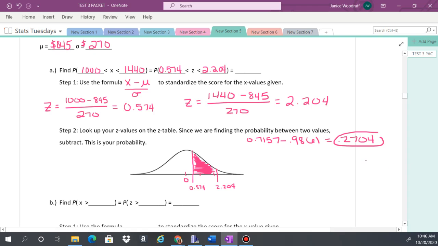Or in our calculator, you would do normal CDF. Your lower limit would be 0.574 and your upper limit 2.204, for your Z-scores.